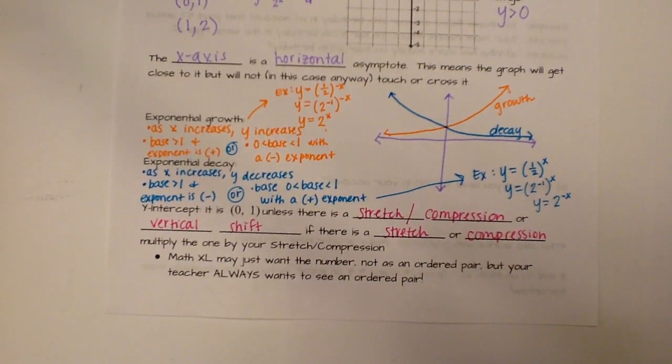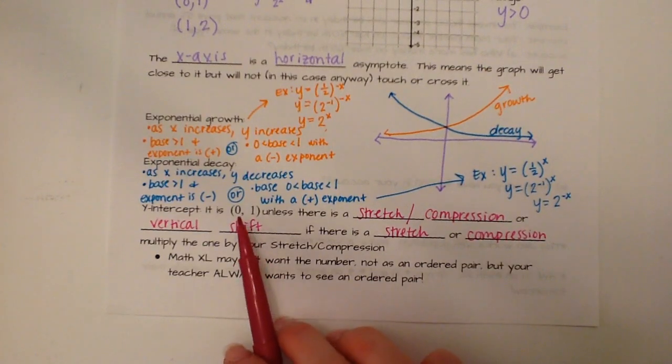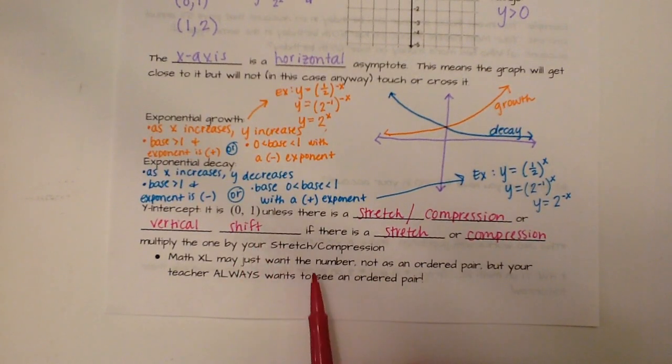So if we have a stretch or compression, you're going to multiply the 1 in your y-intercept at 0, 1. You're multiplying that 1 by whatever your stretch or compression is. So in your homework assignment, Math Excel, they may want the number, but don't forget you always write your answers in ordered pair, especially on the test or the quiz.